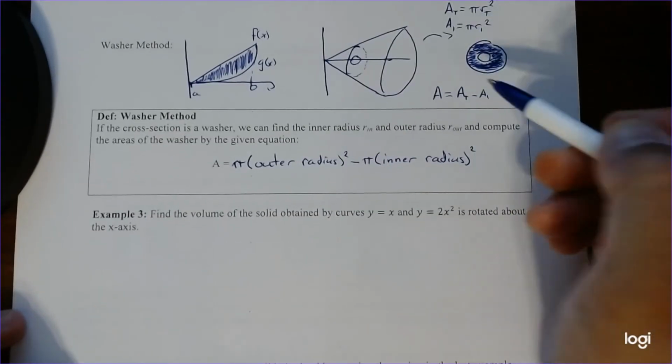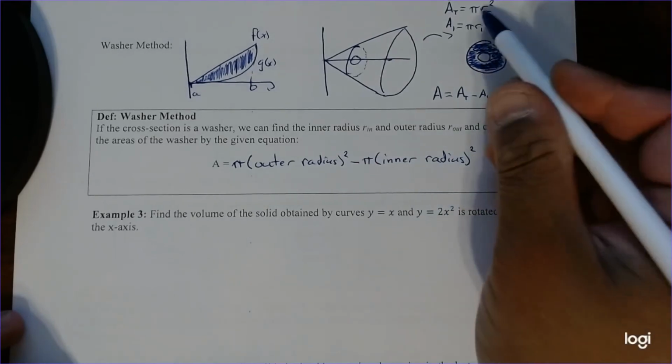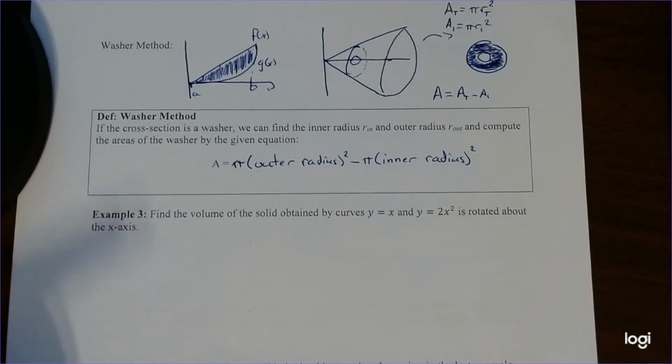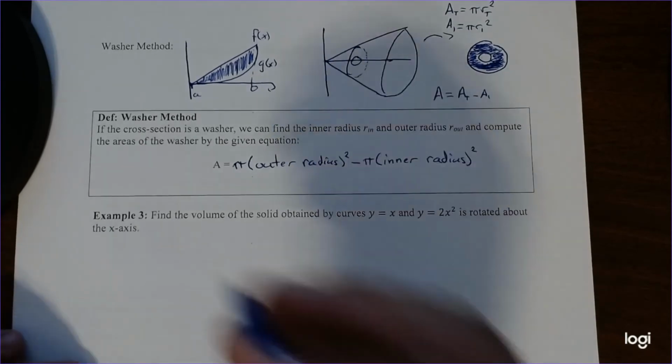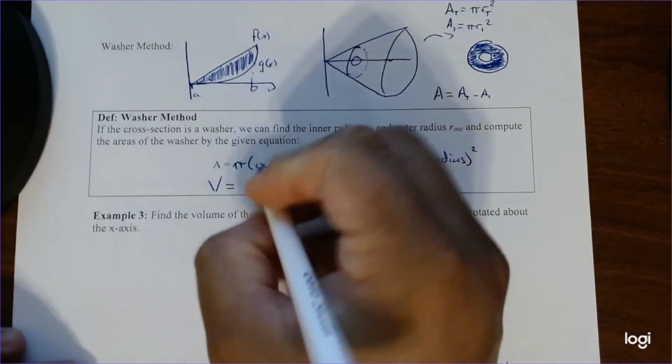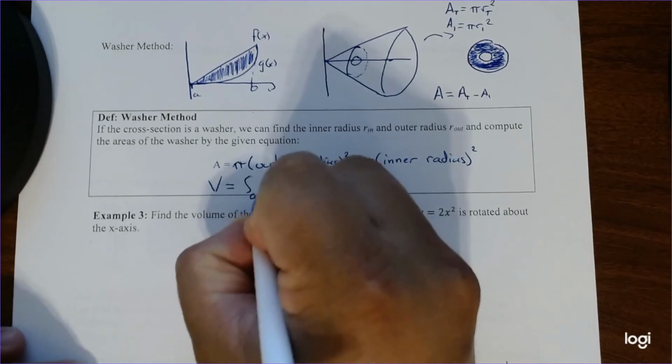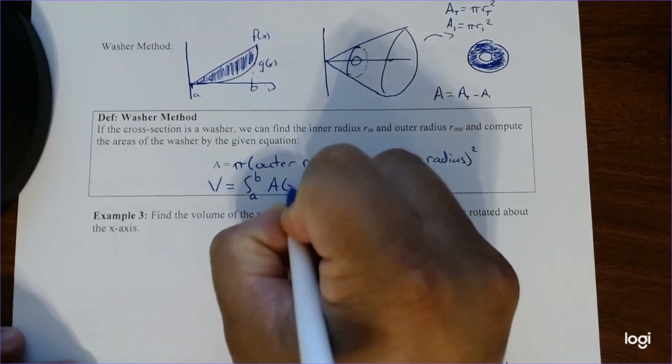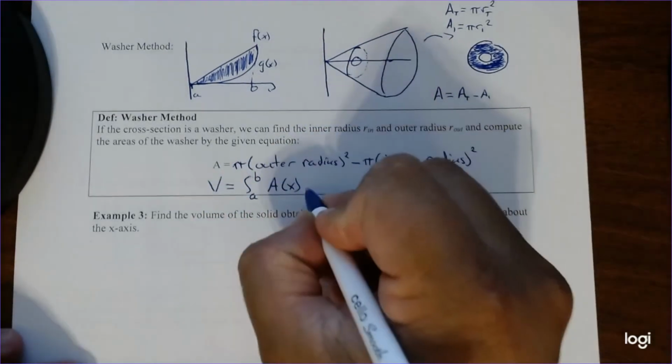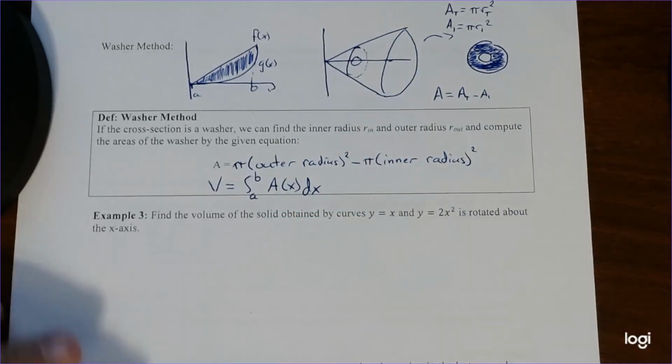Because that's exactly what the areas are. If you do this minus this, that's it. It's just outer minus inner. Therefore, our volume is the integral from a to b of the subtraction of the two areas, dx.